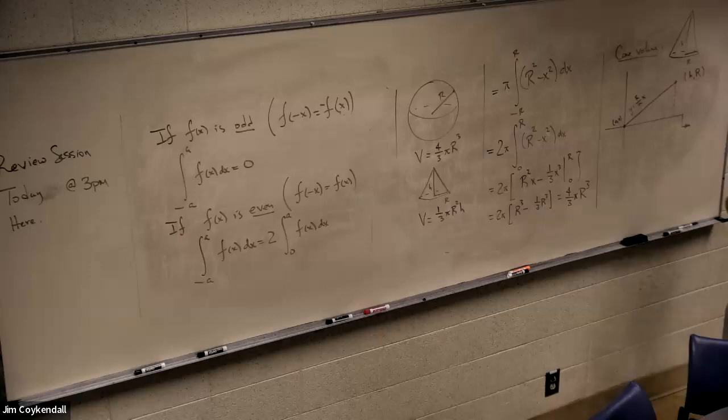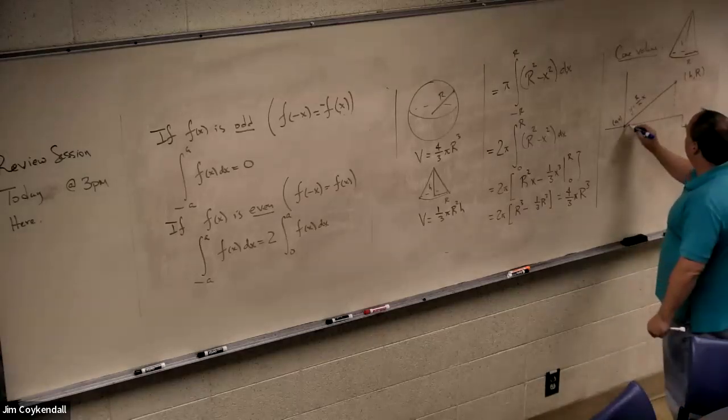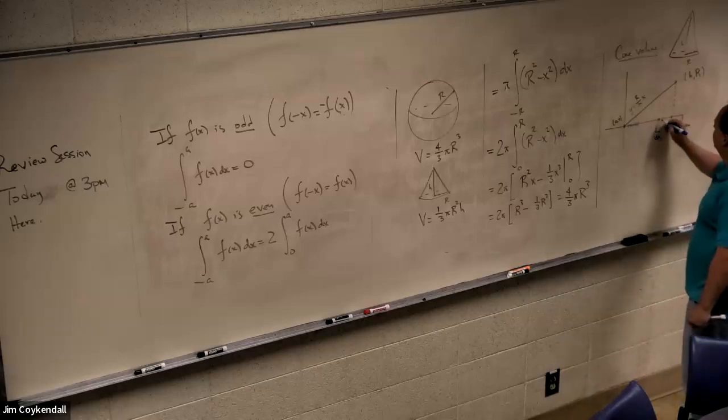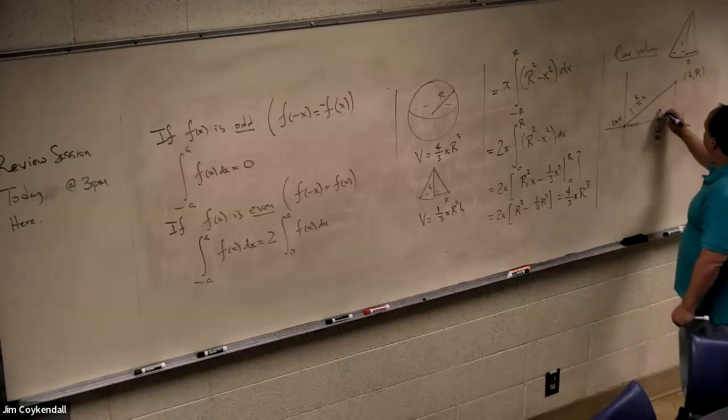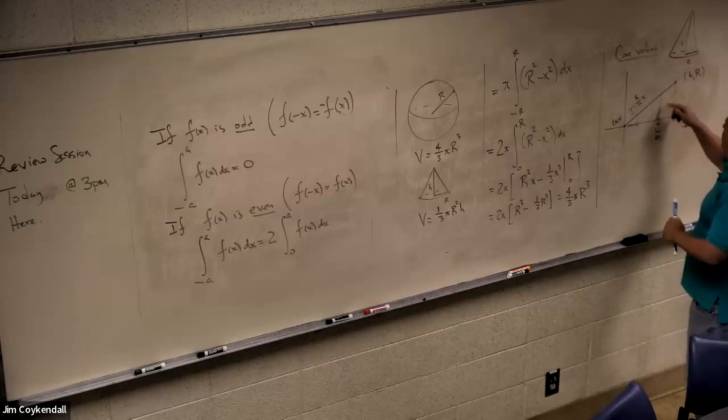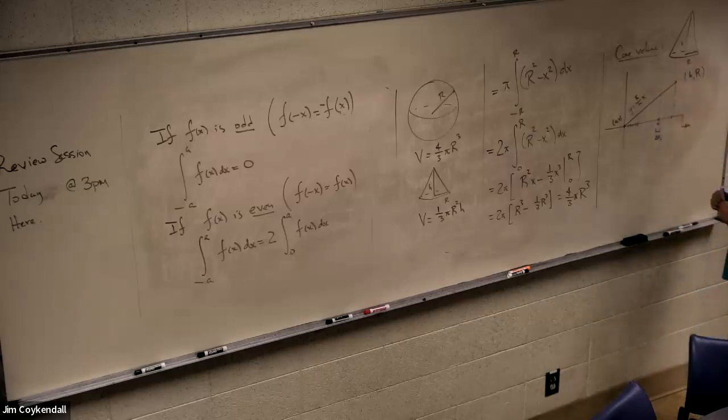Let's do the same thing that we did before. Let's fill this up with a whole bunch of slices. Here's my representative slice, thickness change in x sub i, and this will be the x coordinate, x sub i, here. Now, when I spin this around, again, it gives me a little record.